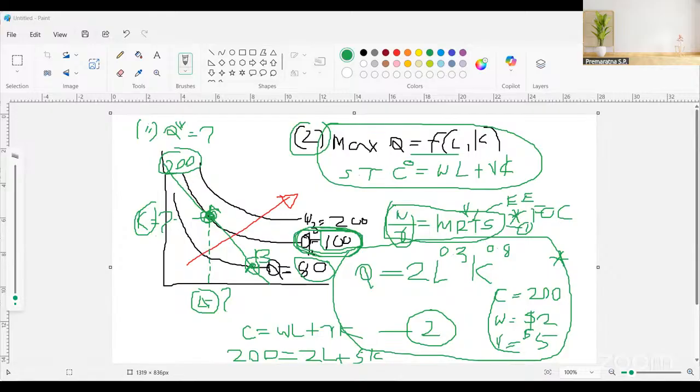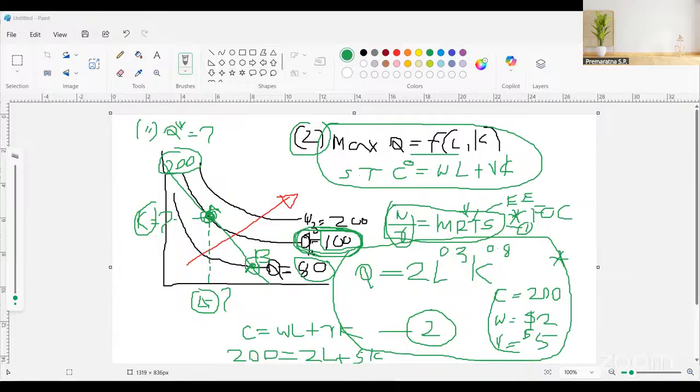If someone was not there last week, because last week only 7 students came, I gave marks also. The MRTS you can find directly. Today I also mentioned MPL, the marginal product of labor divided by the marginal product of capital.